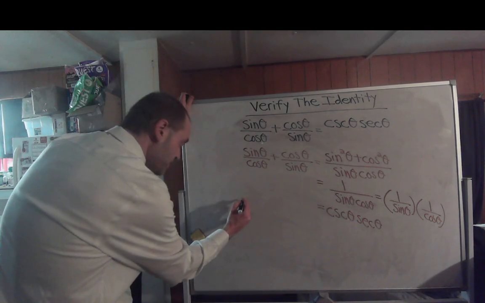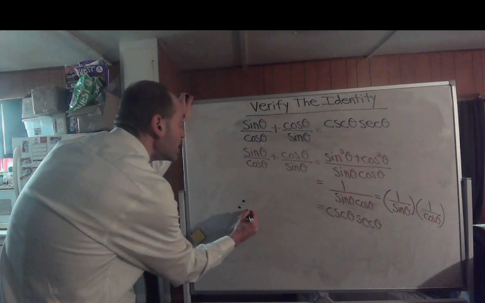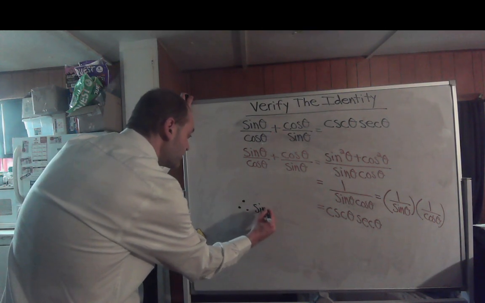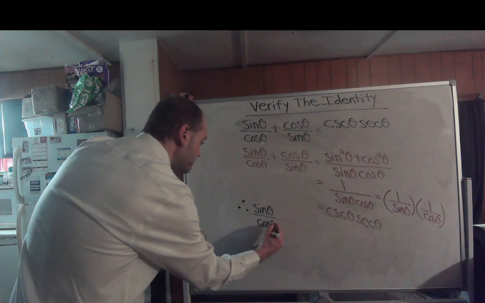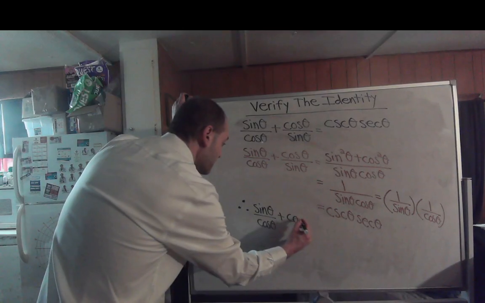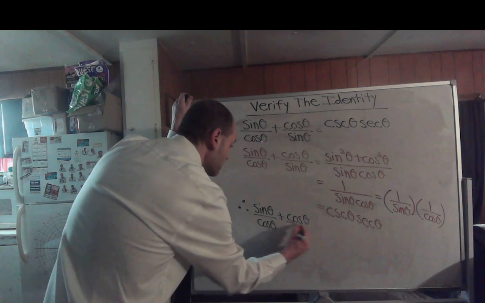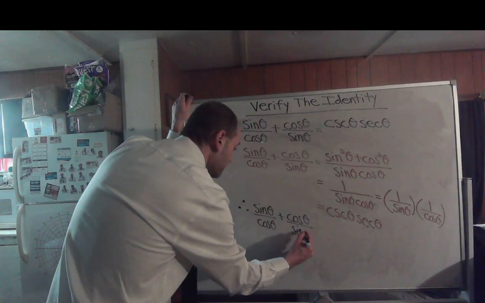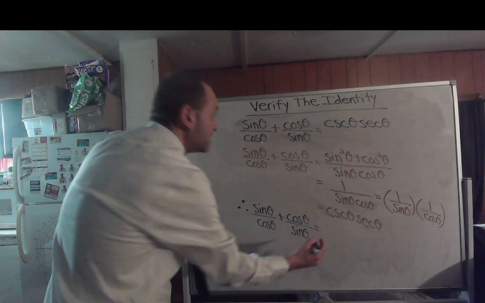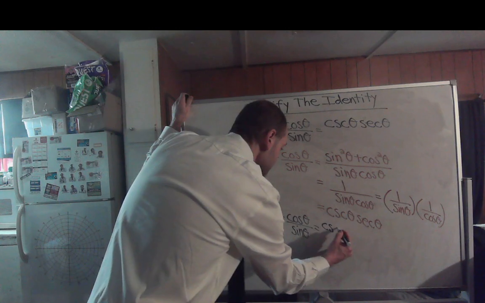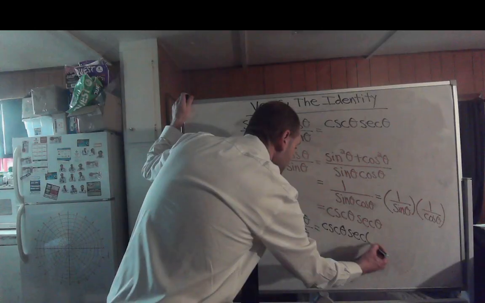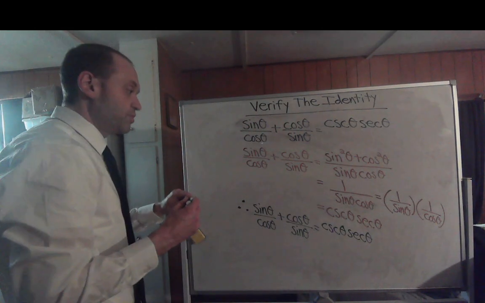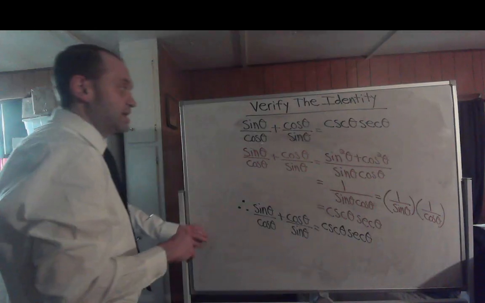We can now say, therefore, the sine of theta over the cosine of theta plus the cosine of theta over the sine of theta is equal to the cosecant of theta secant of theta. So we just proved that. And I got one more identity we're going to prove.